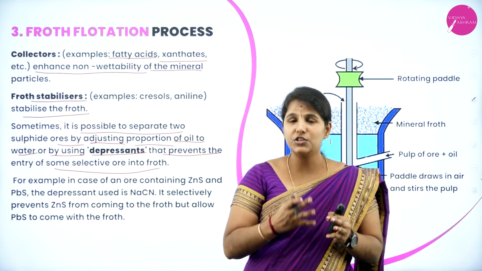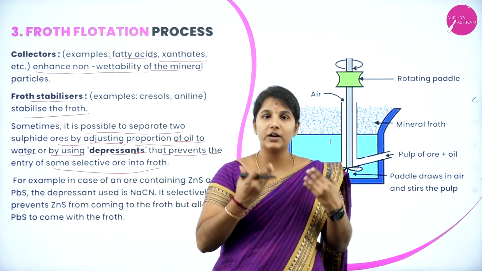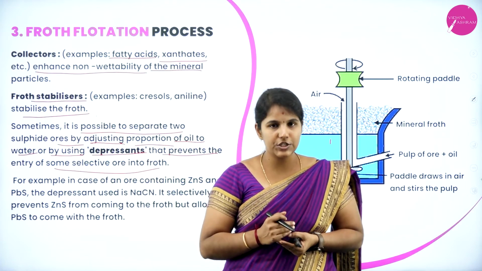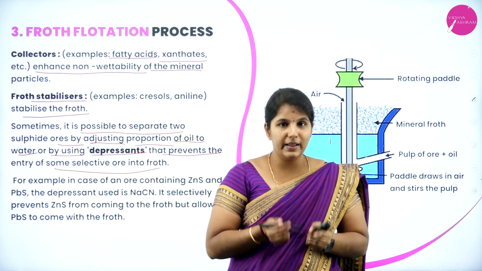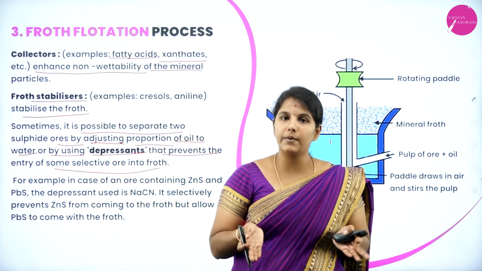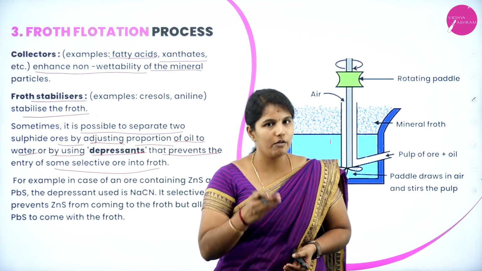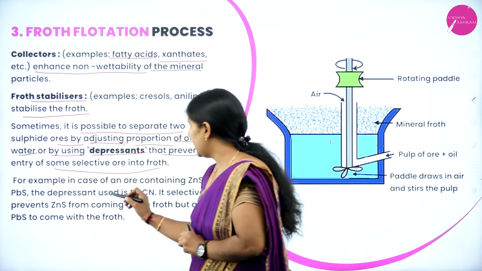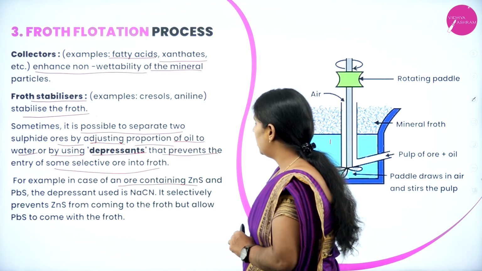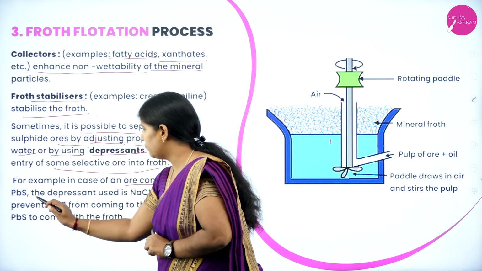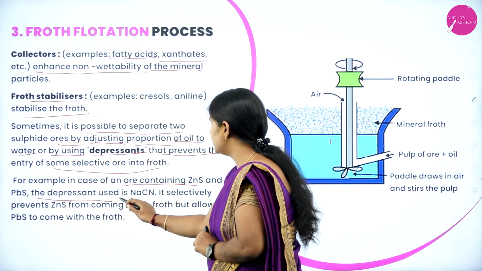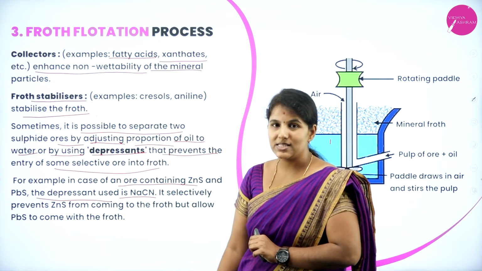Suppose an ore consists of two different sulfides; in such cases we can use a depressant. It will separate the two sulfide ores. For example, you can take zinc sulfide and lead sulfide. The depressant used is sodium cyanide.